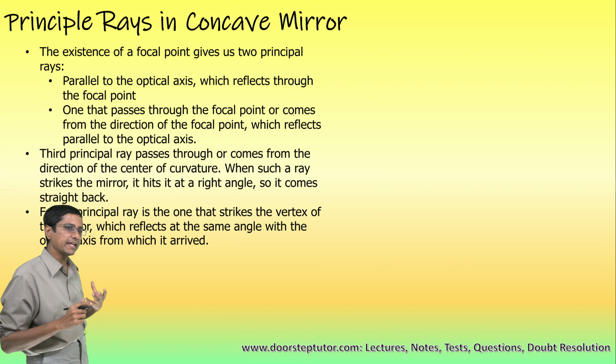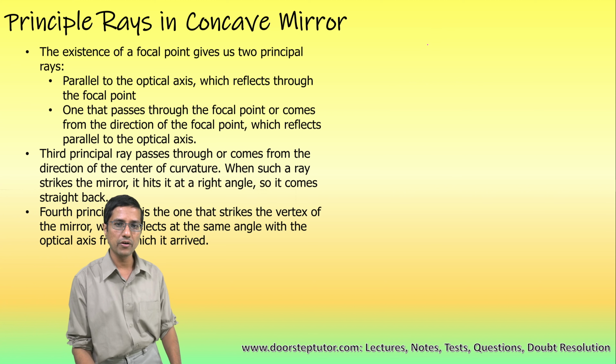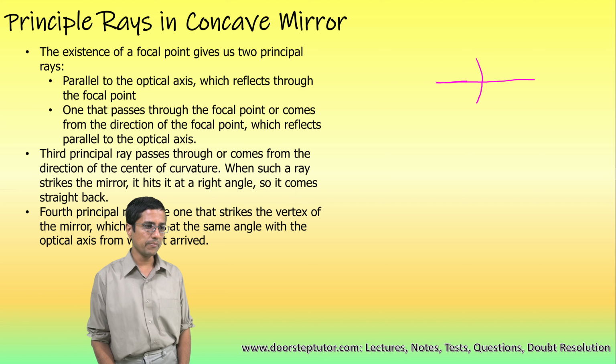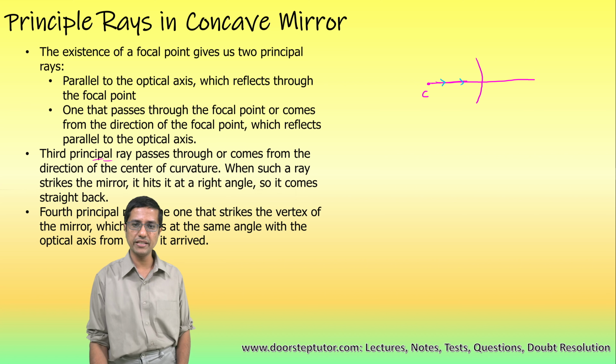Of course, in the case of a concave mirror, we are going to draw the concave mirror and try to understand where these rays are. The most simple case is the principal ray that comes from the center of curvature. This is our center of curvature, and there is a ray which comes from here, going in this direction.